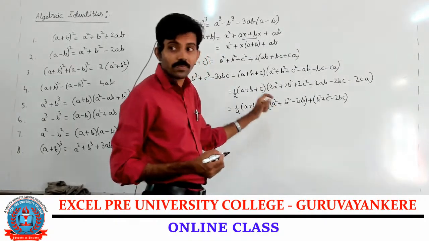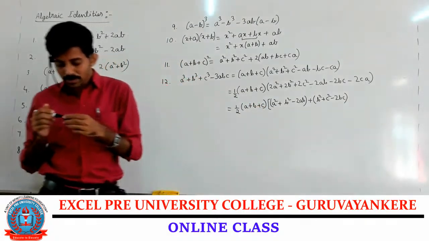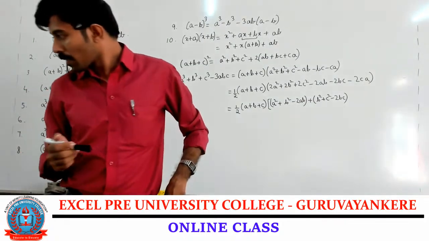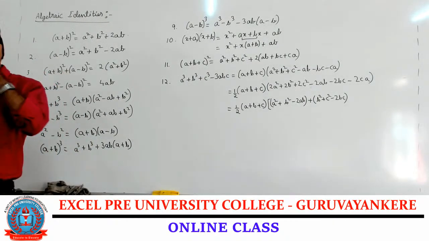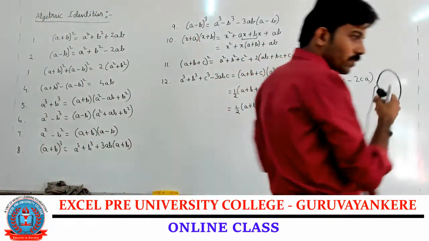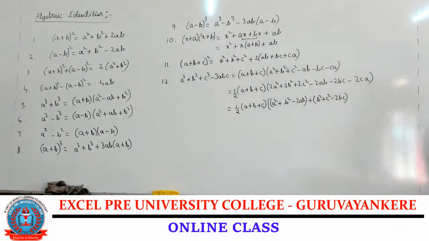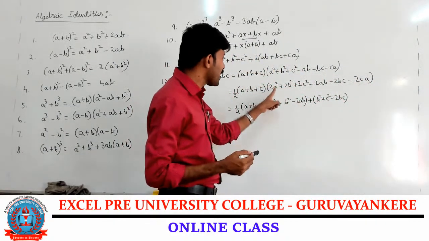One of the a square is used. Further, what is left here is one a square and c square.